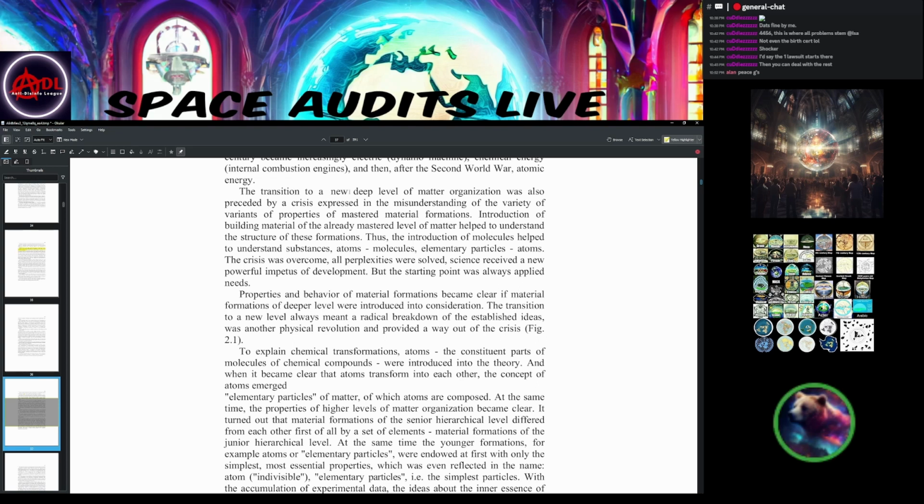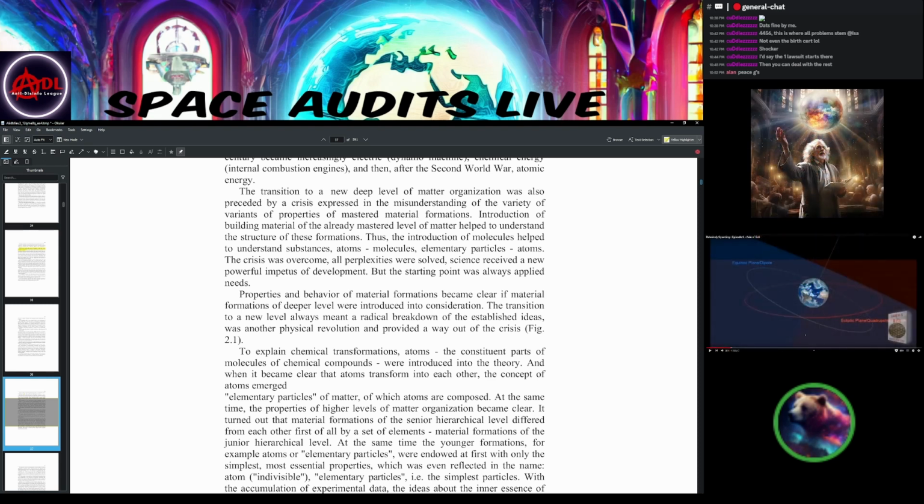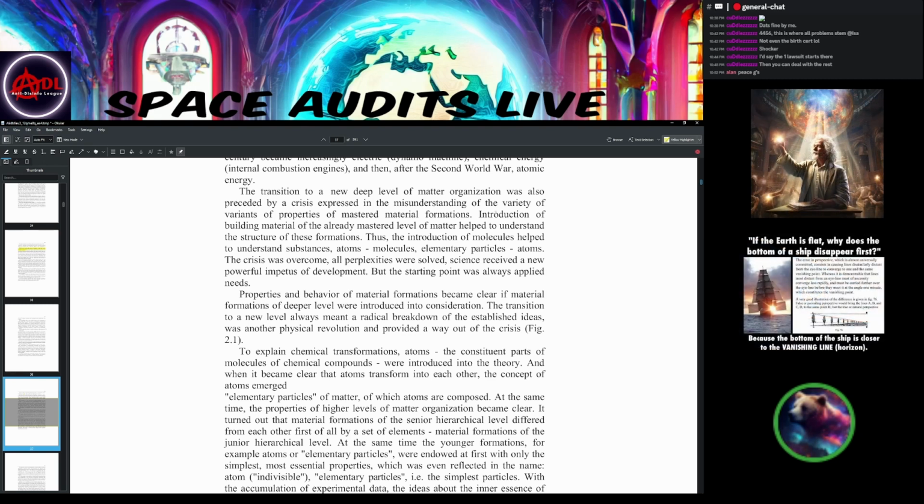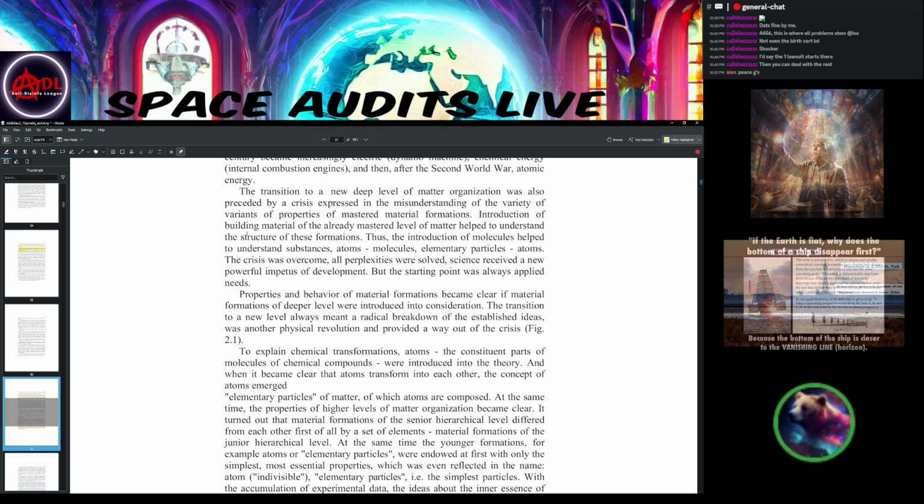The transition to the new deep level of matter and organization was also preceded by a crisis expressed in the misunderstanding of the variety of variants of properties in the mastered material formations. Introductions of the building material of the already mastered level helped to understand the structure of these formations.